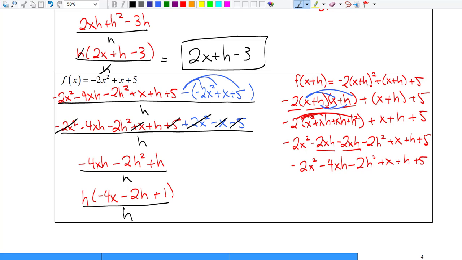And then the last thing is the h and the h can divide nicely. And I am just left with negative 4x minus 2h plus 1. And that concludes this lesson.